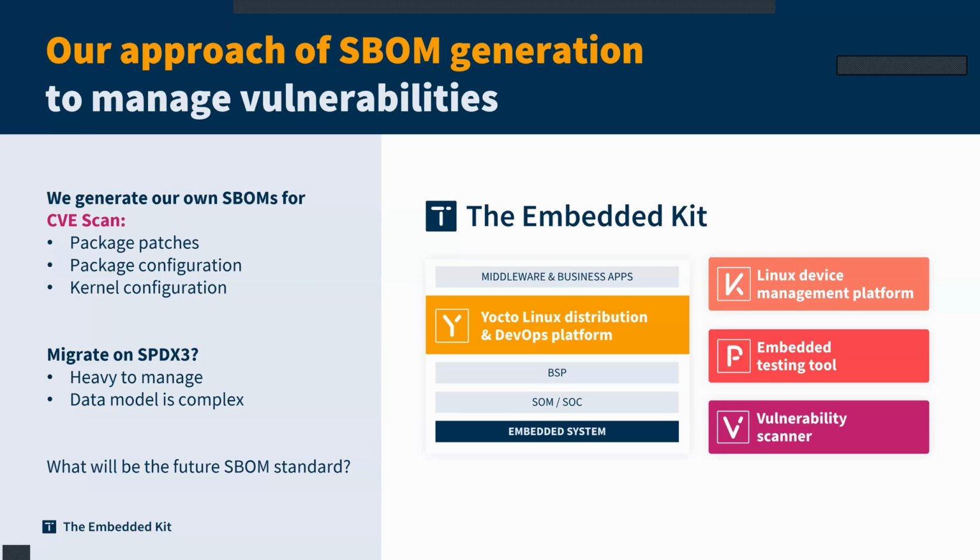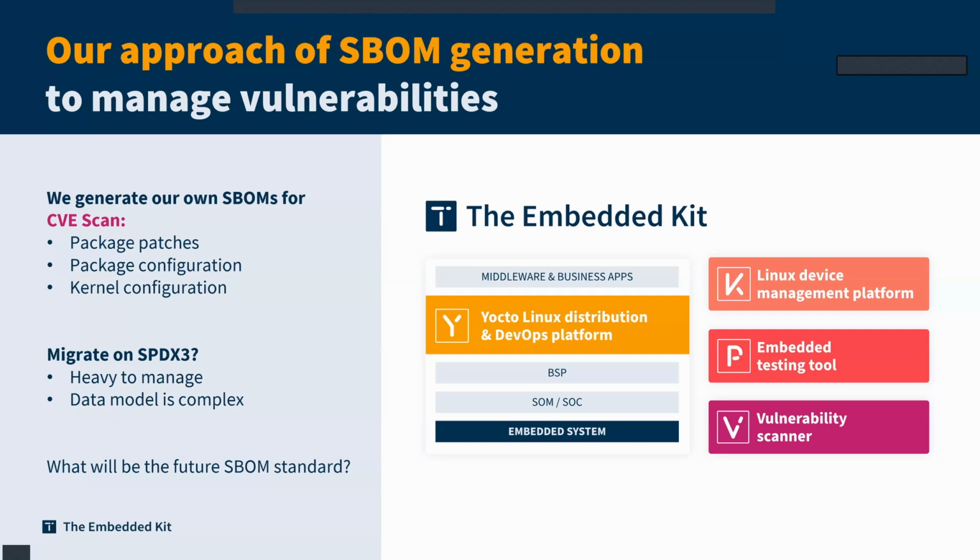We have our own database of associations, but we also use the Ubuntu tracker, which integrates this kind of additional information on top of the NVD database, which is also an interesting source of information if you are interested in this vulnerability management. So all of this information does not really fit in SPDX 2.2.